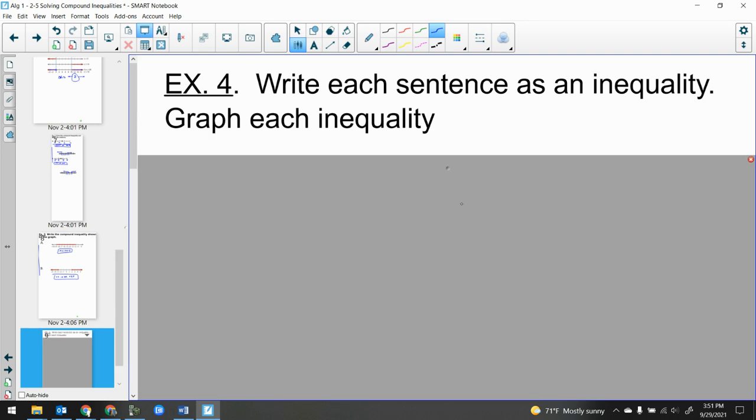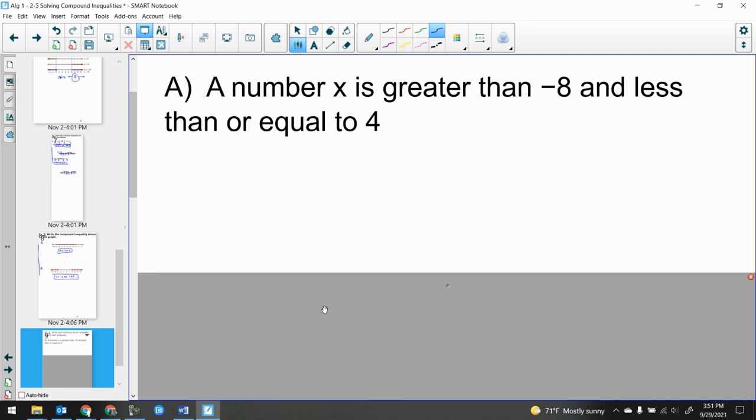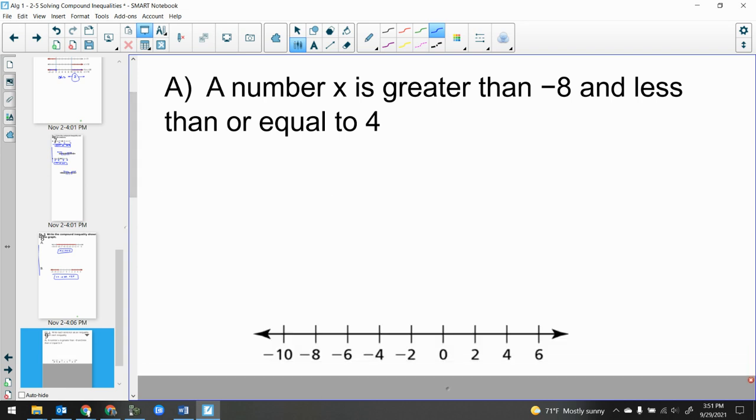All right, last one on there. Write each sentence as an inequality, and then we're going to graph. A number x is greater than -8 and less than or equal to 4. Okay, now when it's an and inequality, I want to write it as one statement.